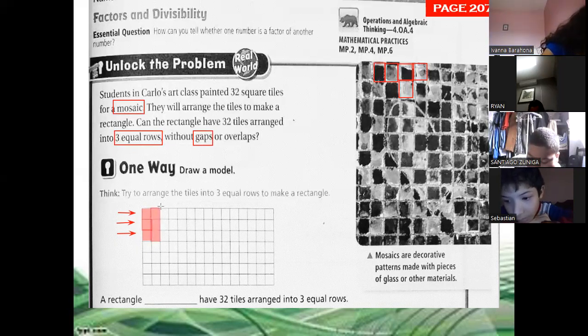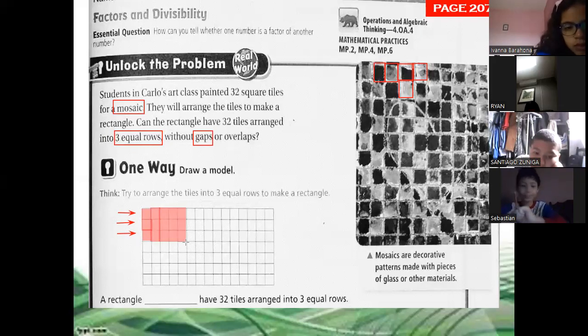6. Products of the table of 3. 9. 12. 12 plus 3, 15. 15 plus 3, 18. 18 plus 3, 21. 21.